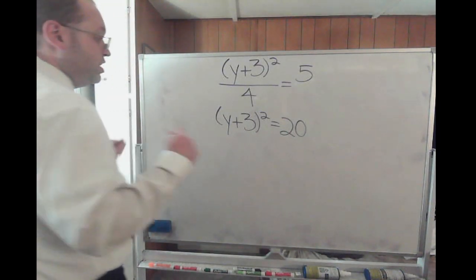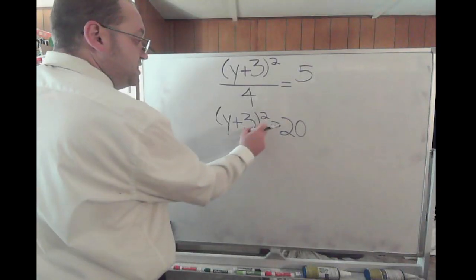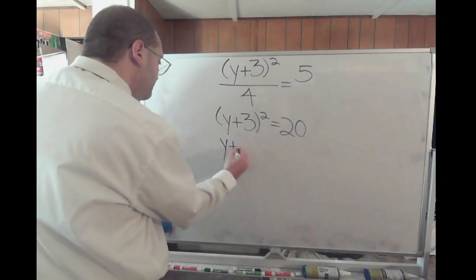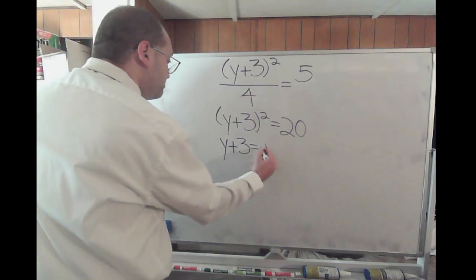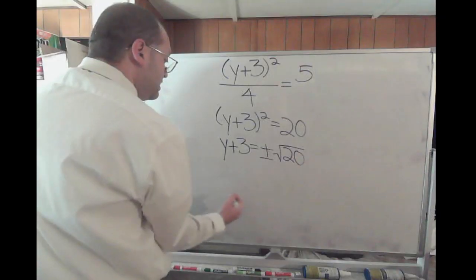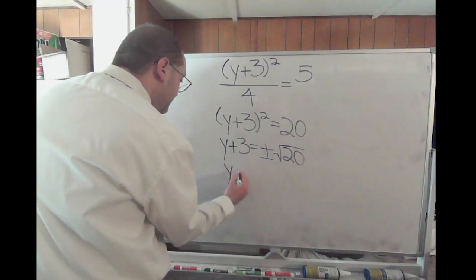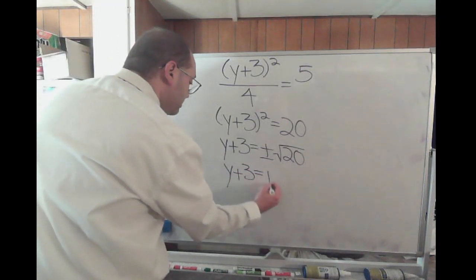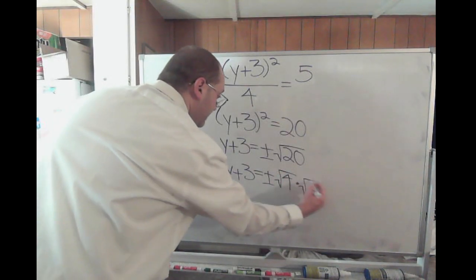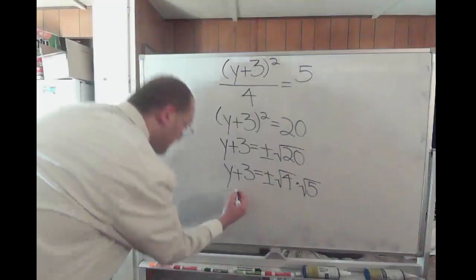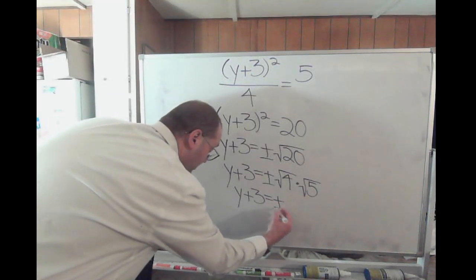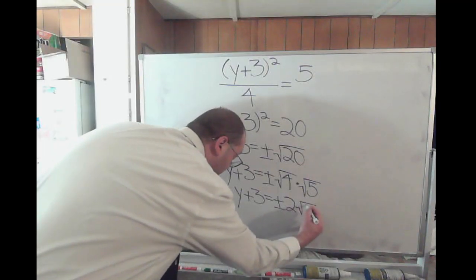So the quantity of y plus 3 squared equals 20. Take the square root of both sides, you'll get y plus 3 is equal to plus and minus the square root of 20, which means then that y plus 3 is going to equal plus and minus the square root of 4 times the square root of 5, which means that y plus 3 equals plus and minus 2 times the square root of 5.